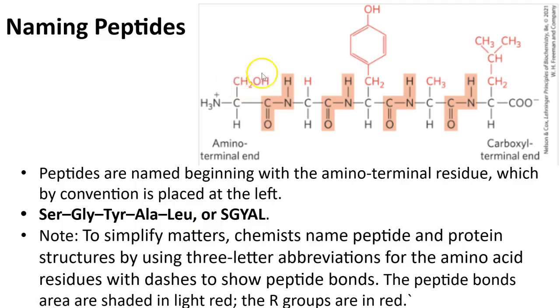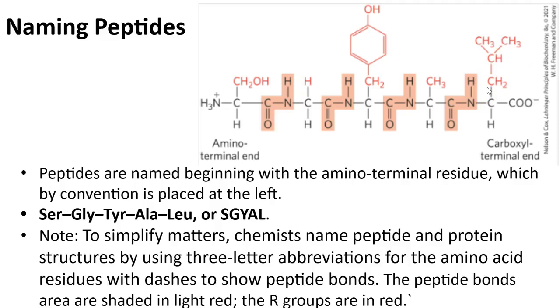Here, once again, is serine. This one is glycine. This, remember, the amino acid classification is based off of these R groups and the naming convention. And so this one is tyrosine. This one is alanine. And this one is leucine.